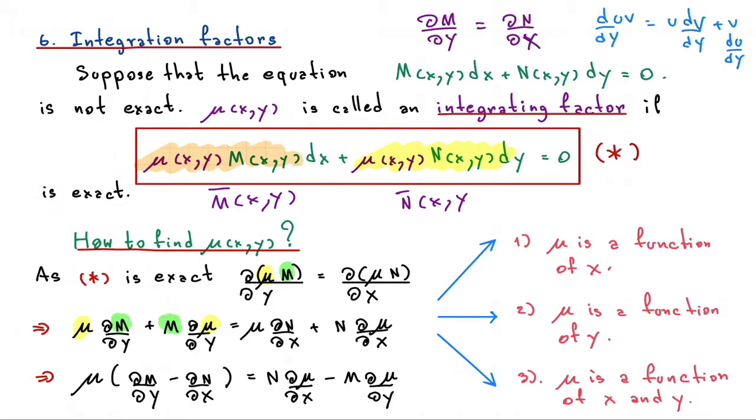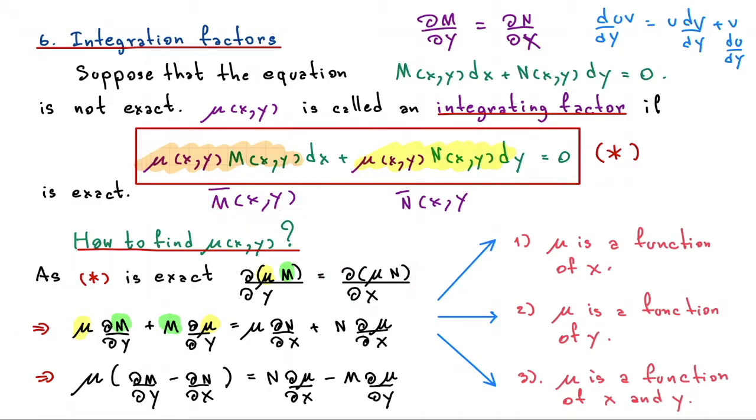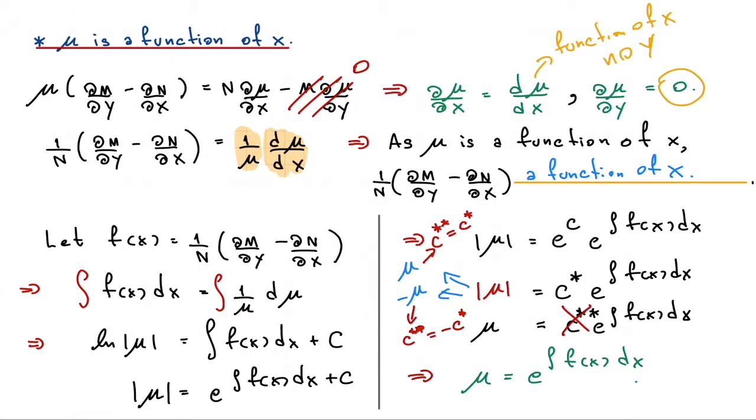And as it becomes exact, we have that this must be equal to this, because as it's exact, d of m bar by dy must be equal to d of n bar by dx. Okay, and we get this equation, and then we look at the first case when mu is a function of x. If mu is a function of x, we have that this mu is this guy.